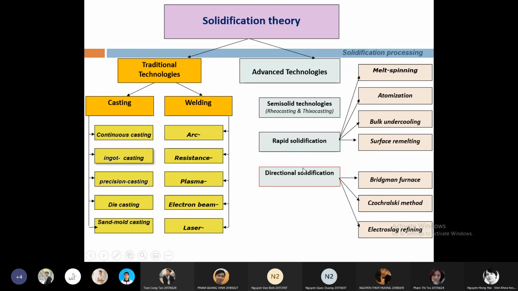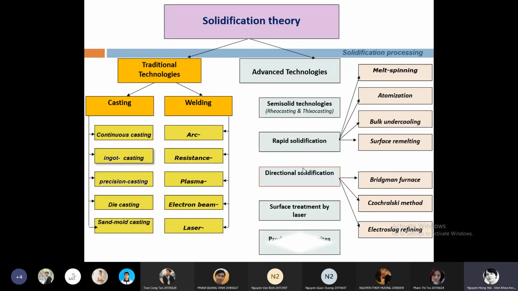Okay. And you have surface treatment by laser. It can maybe make a composite. So it is an advanced technology based on the solidification theory. The solidification theory is the theoretical basis for this technology.